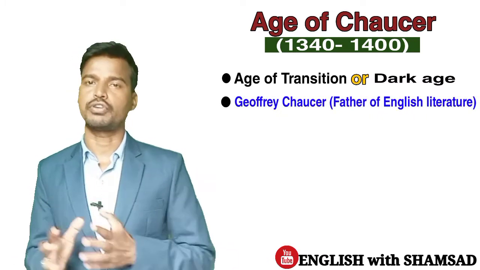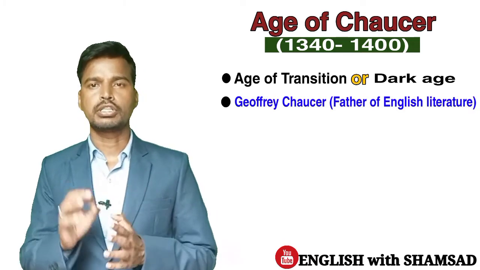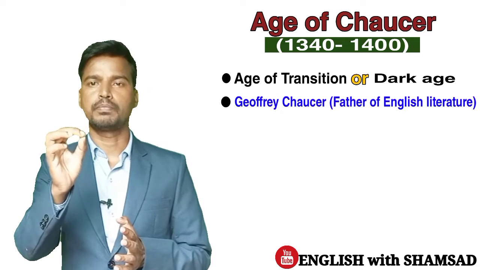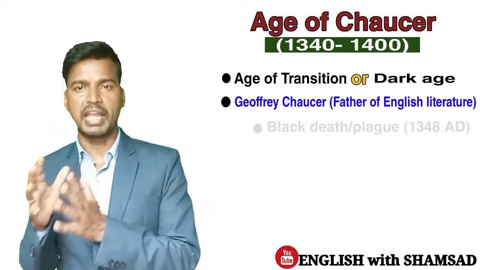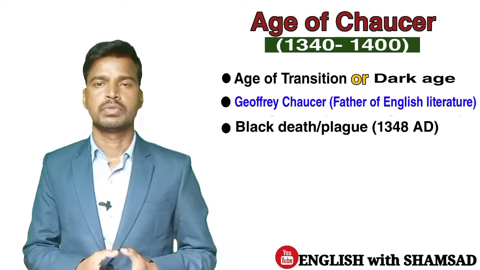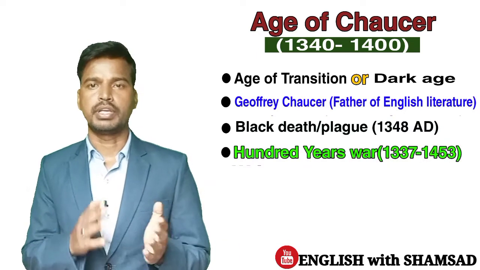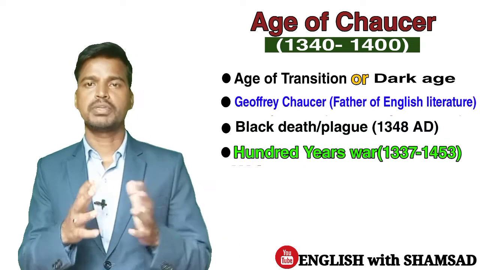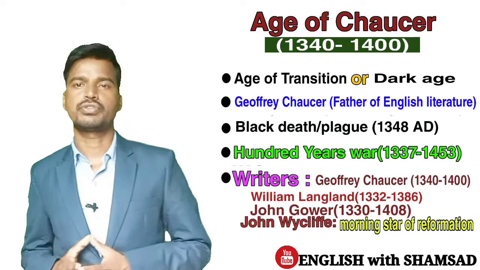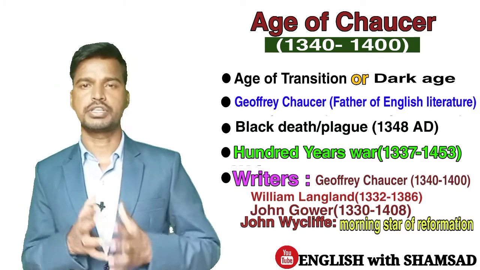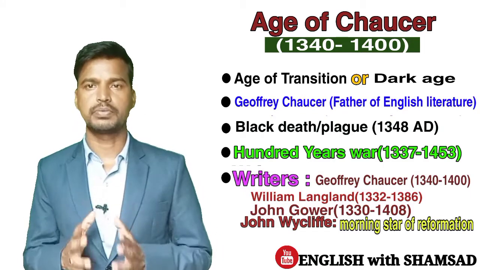In 1348, a pandemic killed 33% of the population of England, which is called the Black Death. In this period, the Hundred Years' War happened between England and France. Famous writers of this period: Geoffrey Chaucer, the father of English literature, who wrote a very famous work, The Canterbury Tales.